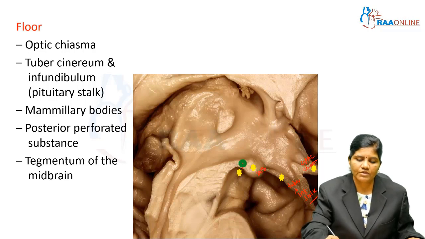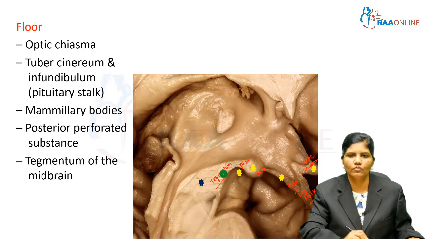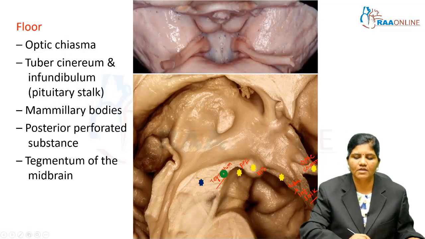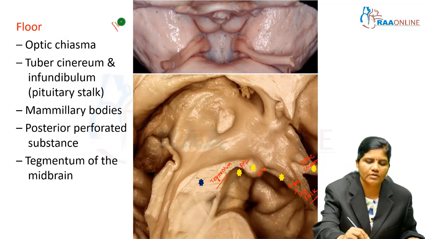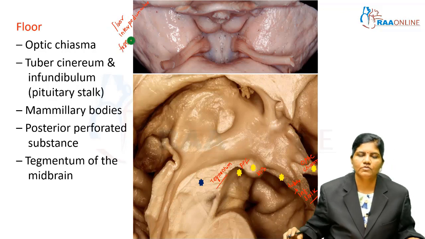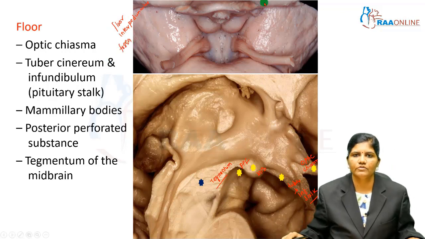Deep to that there is the posterior perforating substance and the tegmentum of the midbrain. So these structures form the floor. All these structures form the floor of the interpeduncular fossa, except the tegmentum and the optic chiasma. So this is the area of the floor of the interpeduncular fossa.